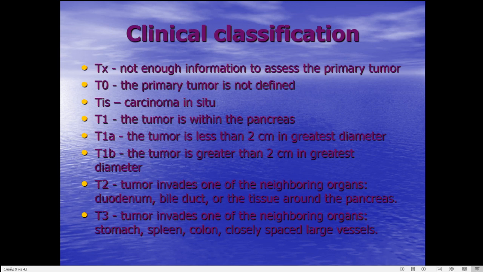T2, tumor invades one of the neighboring organs, likely duodenum, bile duct, common bile duct, or the tissue around the pancreas.